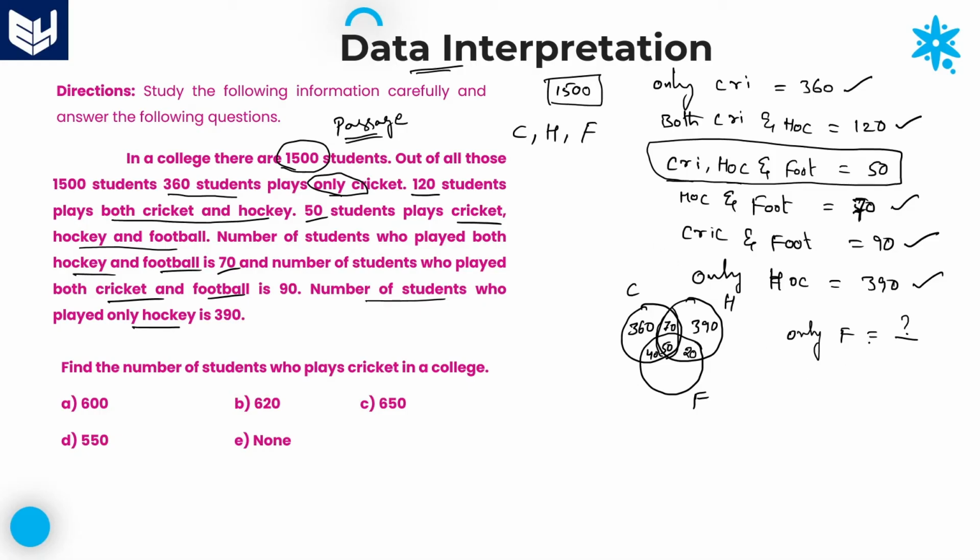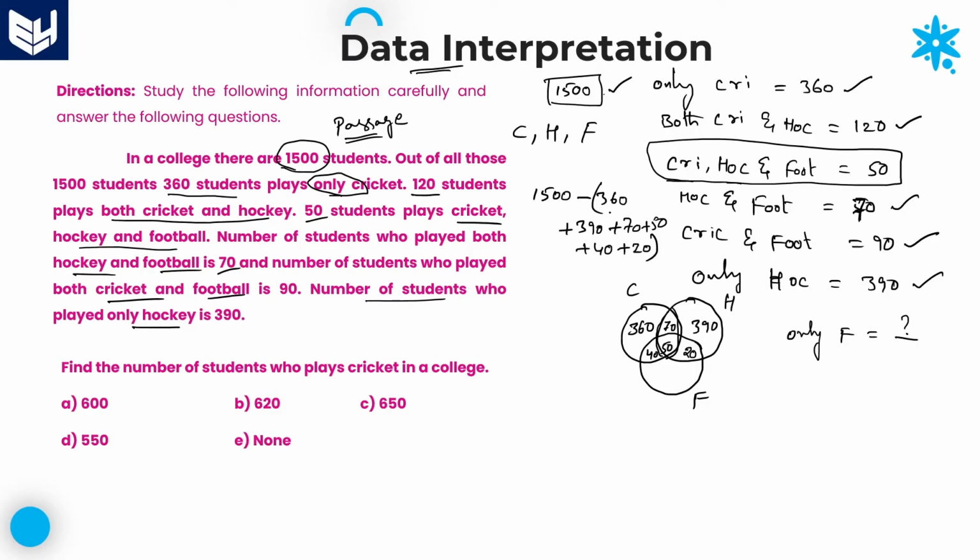So how do you get that value? It is very simple: you just subtract the values available in this Venn diagram from the total number of students. Here the total number of students is 1500, minus the sum of 360 plus 390 plus 70 plus 50 plus 40 plus 20.